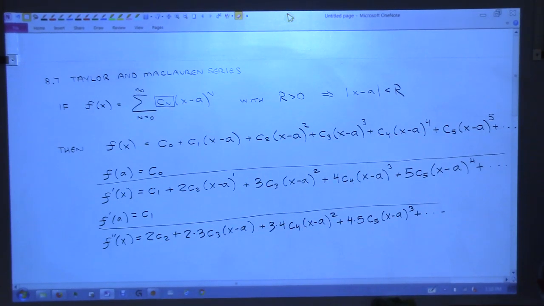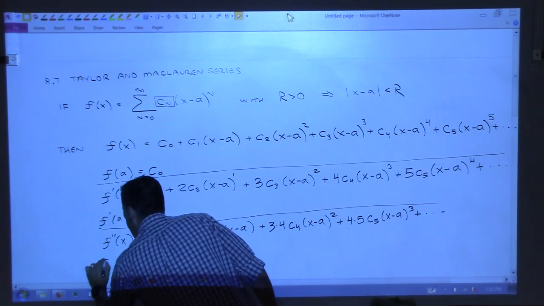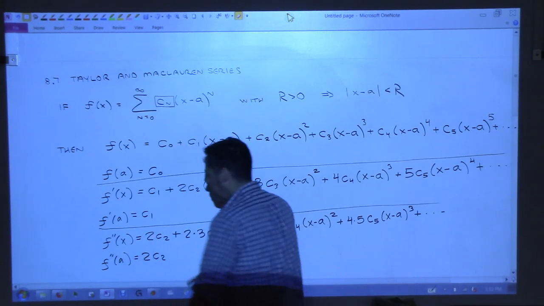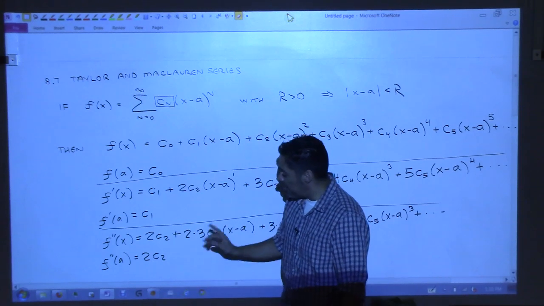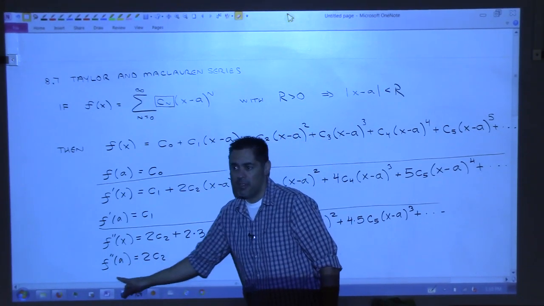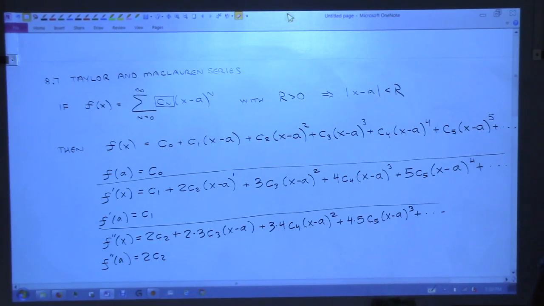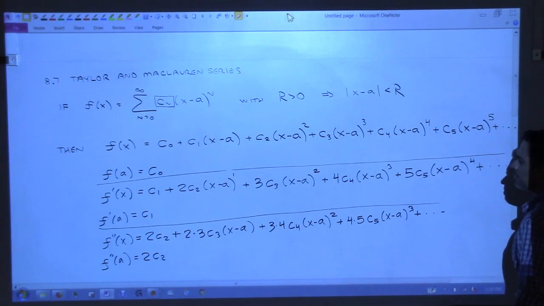So again, plug a into that second derivative. When I plug a into the second derivative, I get 2c sub 2. Not c sub 2, but 2c sub 2. So c sub 2 would actually be that divided by 2. You'd have to divide both sides by 2, wouldn't you? But we have a way of getting c sub 2 now, right? Let's go get c sub 3. I think I'll do c sub 3 right here.